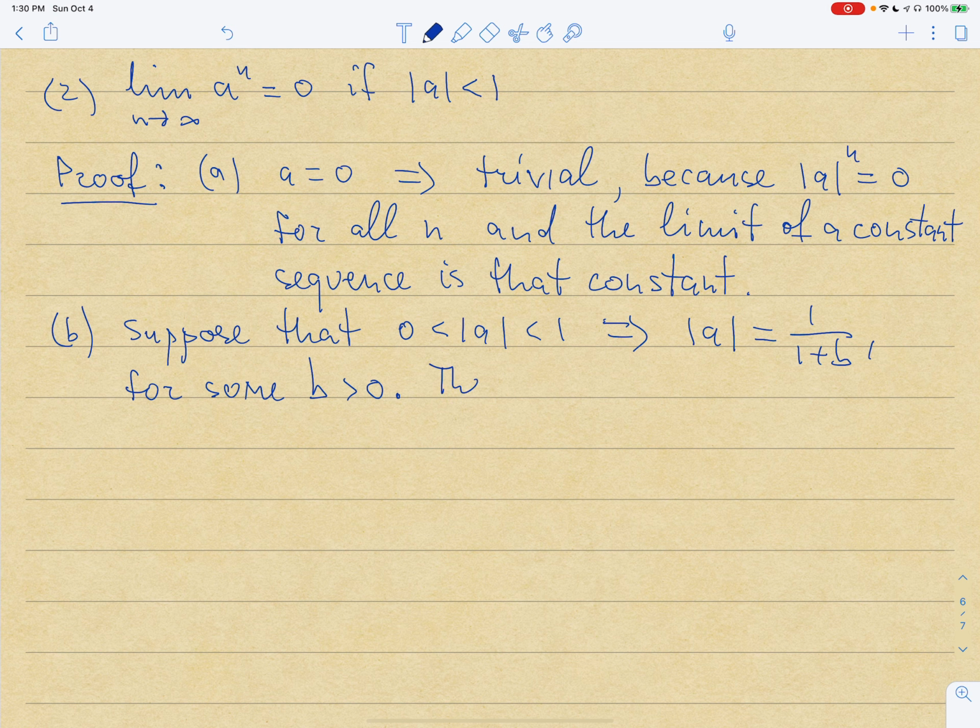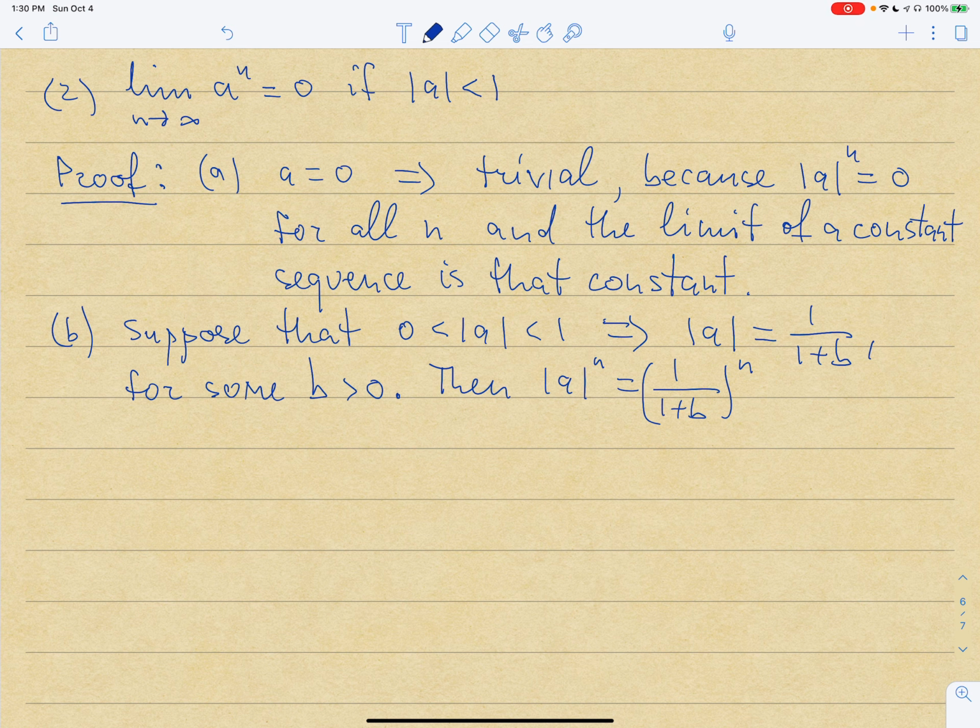And then what we have is that absolute value of a to the power n must be equal to 1 over 1 plus b, to the power n.